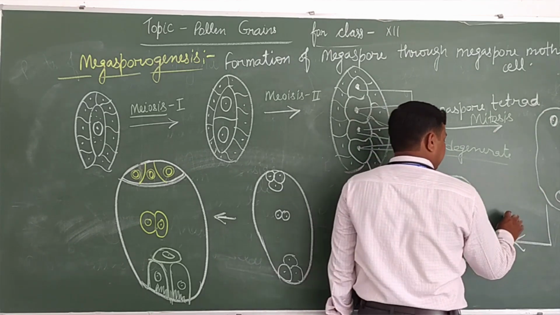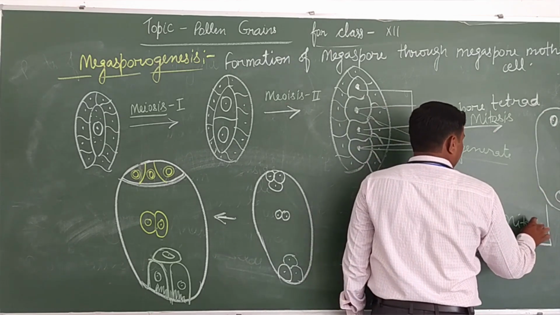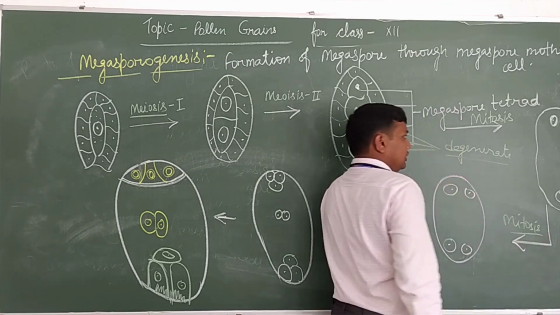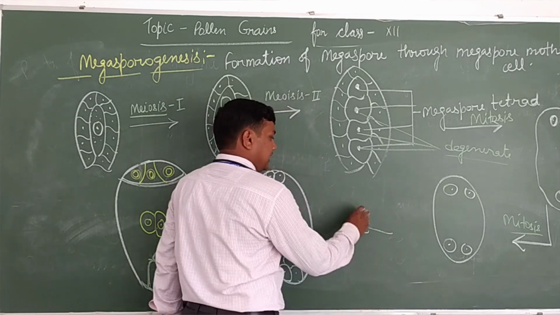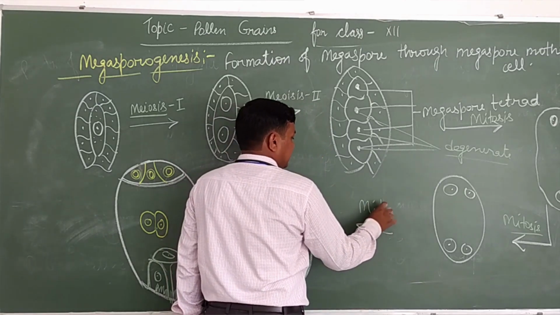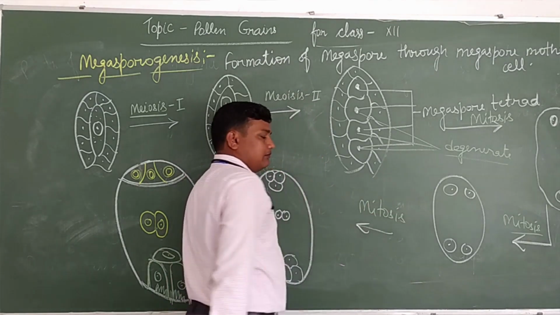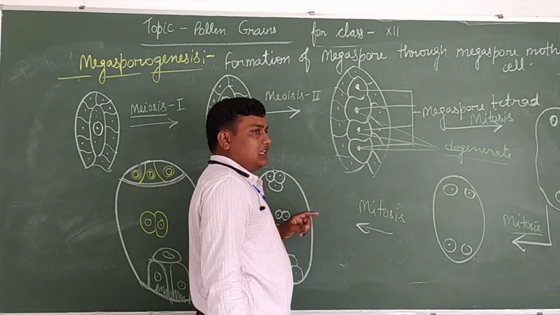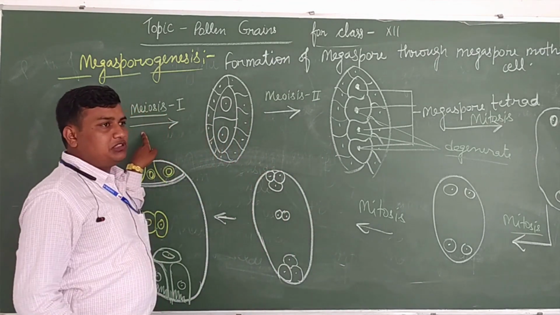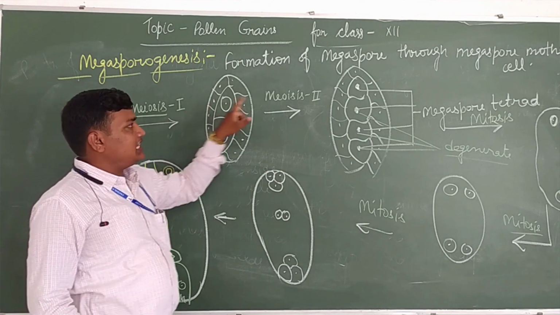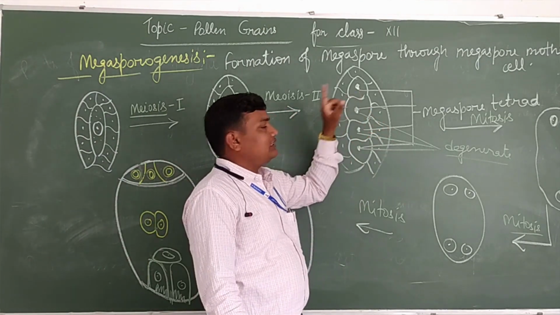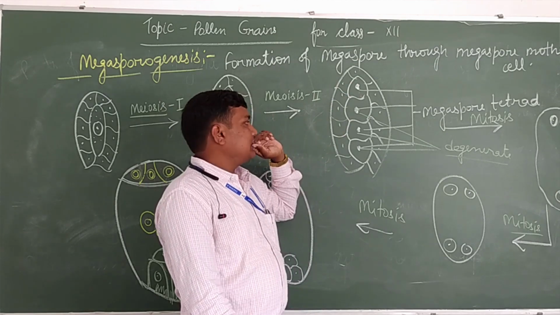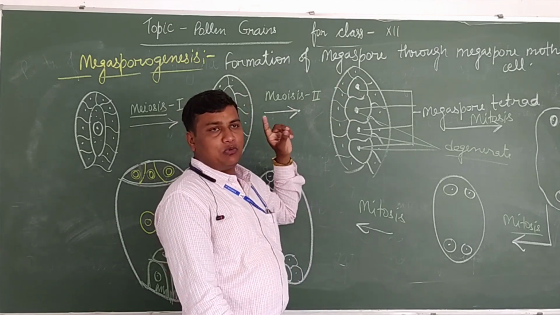Again mitosis, and the 2 cell structure changes to a 4 cell structure. Then again mitosis. So 3 mitotic divisions take place, and 1 meiotic division takes place, meiosis 1 and then meiosis 2. Then 3 cells degenerate, and 1 functional megaspore remains.